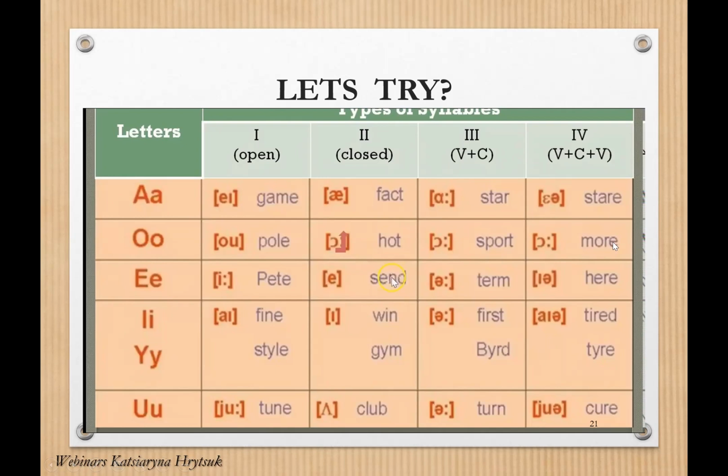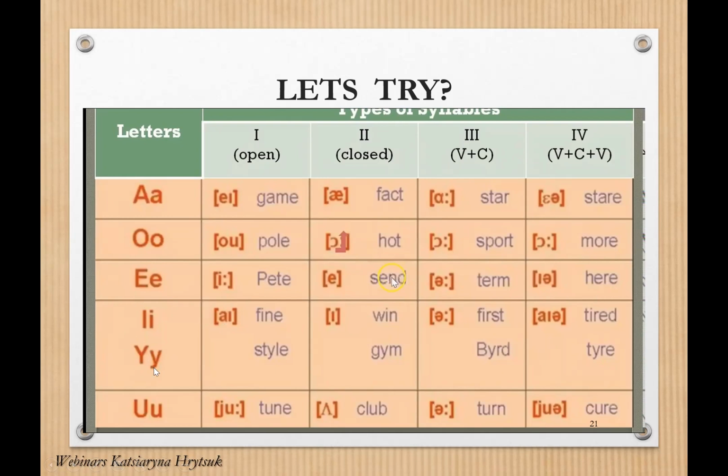Vowel, consonant, vowel. Next, letter E, open syllable, E, Pete. Remember, we don't read this E, okay? We read only this E. Then, send, term, ear, hear.